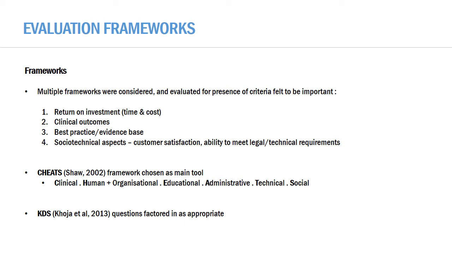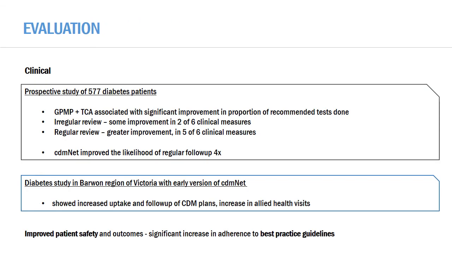I evaluated 10 frameworks against these criteria and decided to go with a hybrid, using the CHEATS framework as the main evaluation tool, as I felt the categories are broader and encouraged a more comprehensive overall view of the product. However, the strength of the KDS framework was the amount of detail in the analysis, and therefore many questions and factors were drawn from KDS to inform evaluation within the appropriate CHEATS categories.